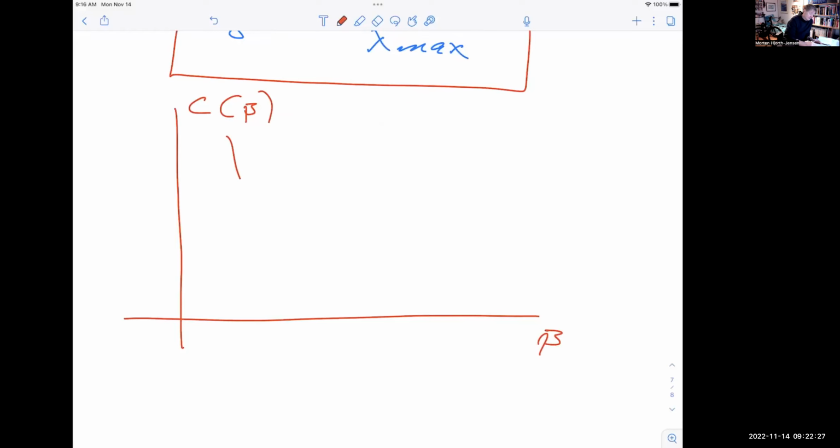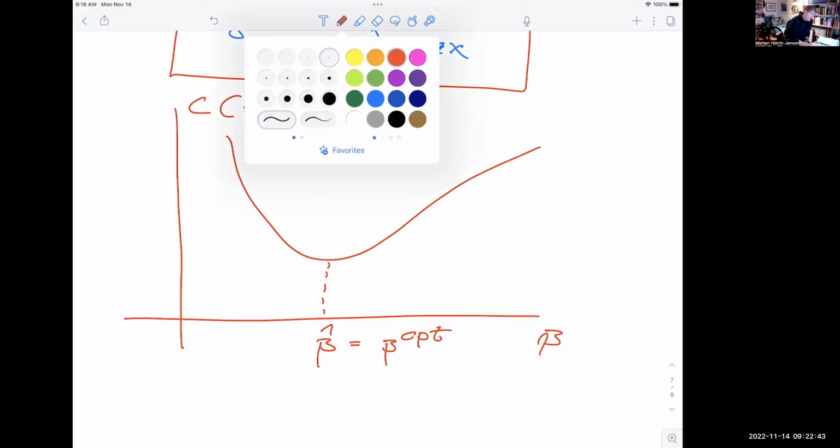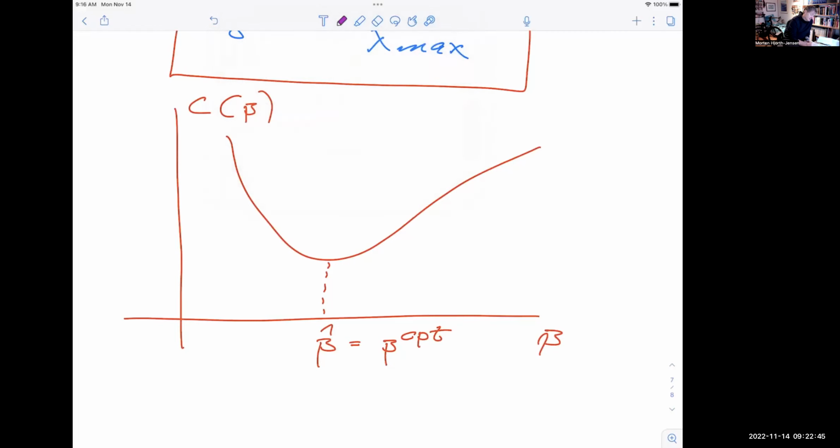So if we now have a function which goes like this, here should be our beta optimal, beta hat. Now, depending on how we choose lambda, we could start at a given position here. So this will be our starting point, beta 0.